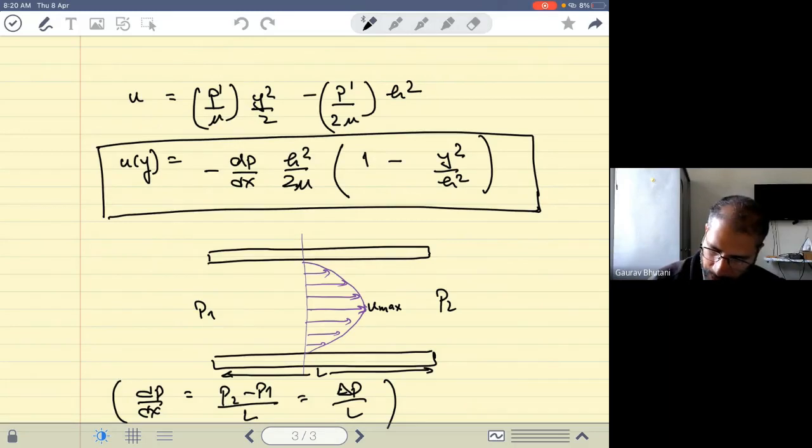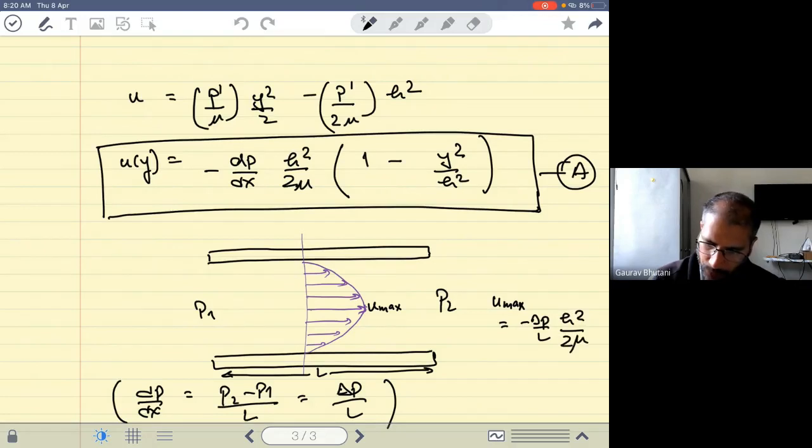So U max can be calculated from this relation number A as you simply substitute y equal to 0, so that gives you minus delta P upon L times h square upon 2 mu. So that's your U max. Is that clear?